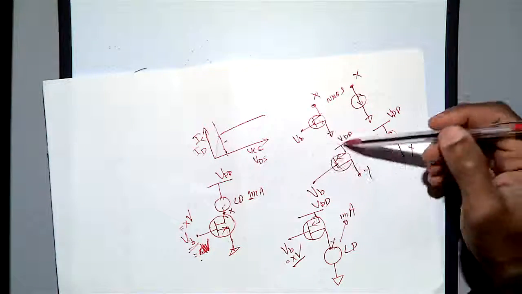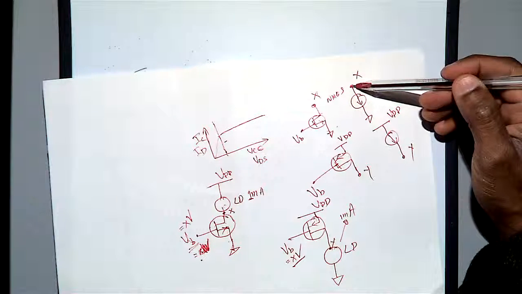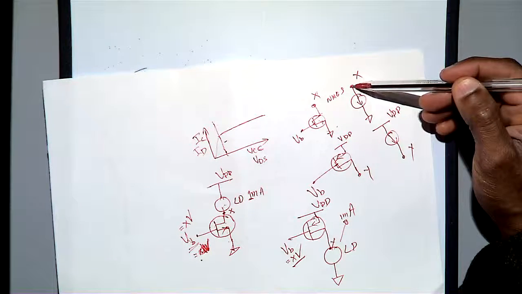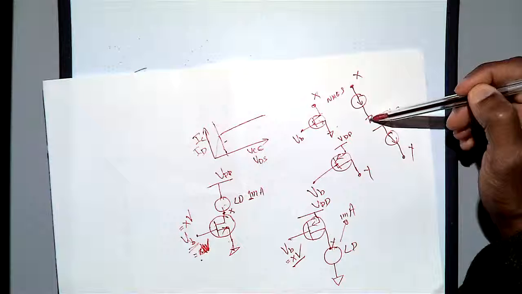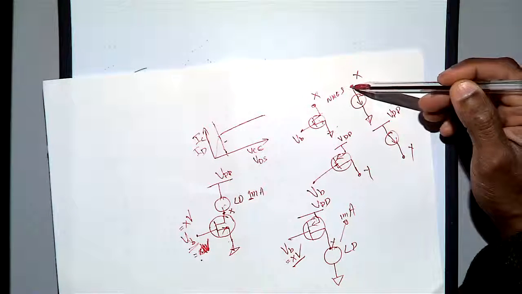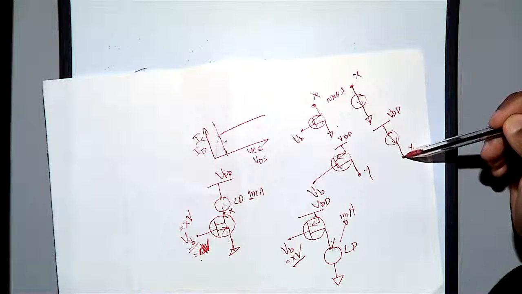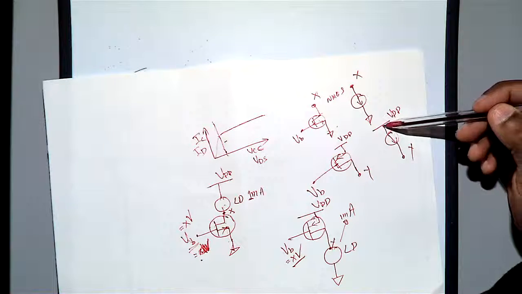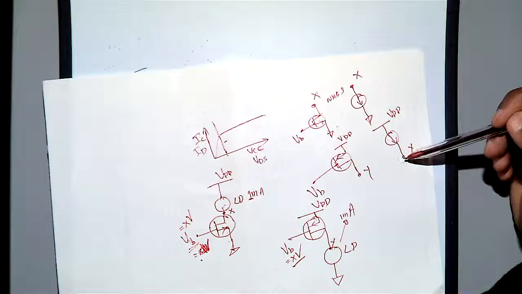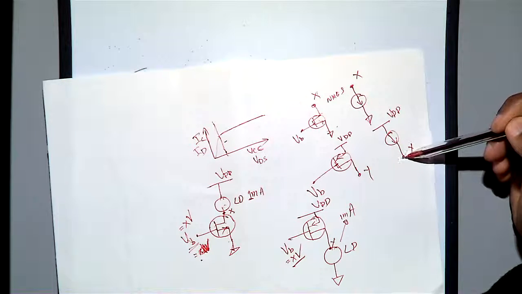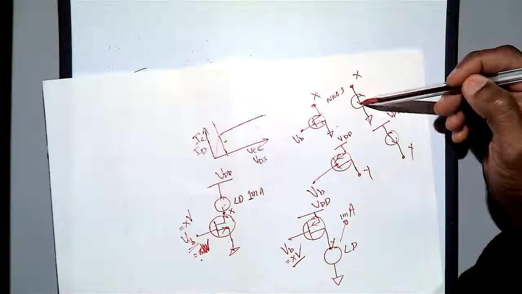That is the reason for this representation. So this current source can take current from a point and sink it to the ground. But in the other one, this current source can take current from VDD and pump the current to this point, where lots of current is coming.